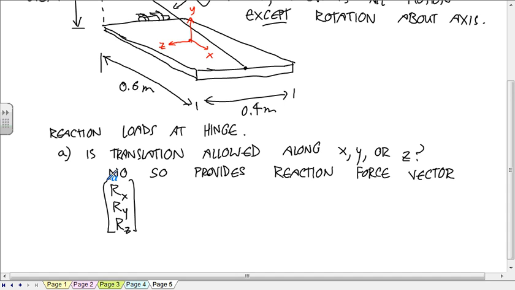Okay. What about a rotation about the x-axis? That would be like what I said, where you take this side, push it up, pull this side down. That's not allowed. Okay. What about a rotation about the y-axis? That's not allowed. That would be like trying to rip this off the hinges this way, you know?